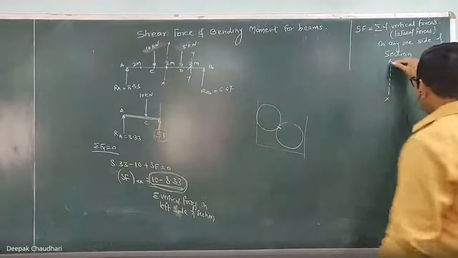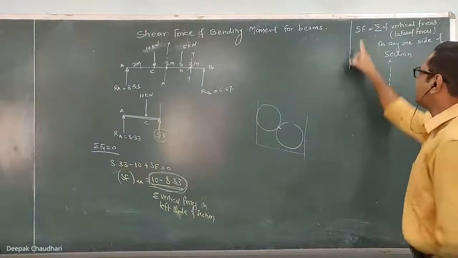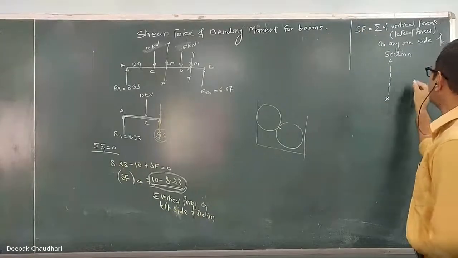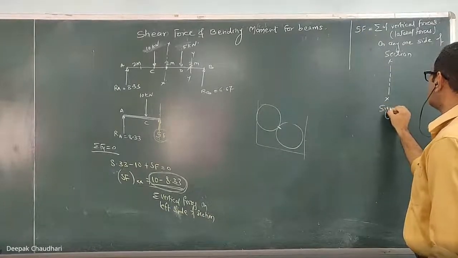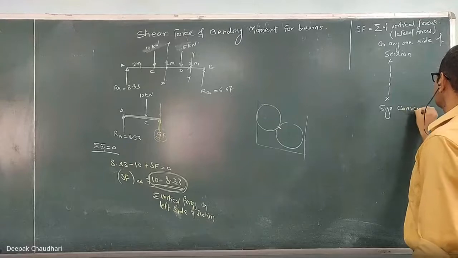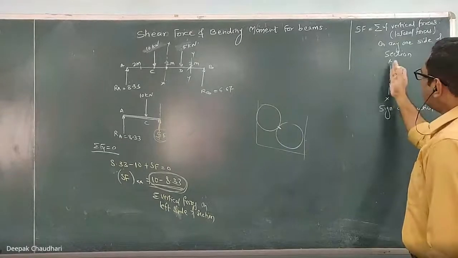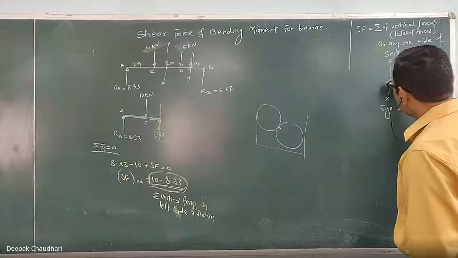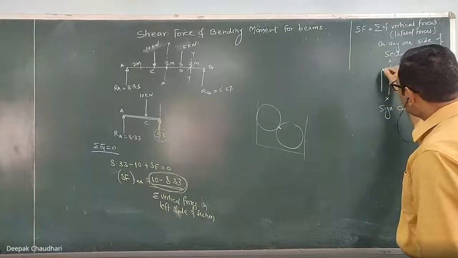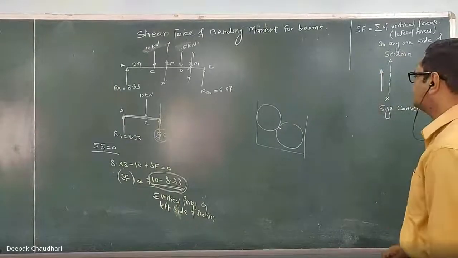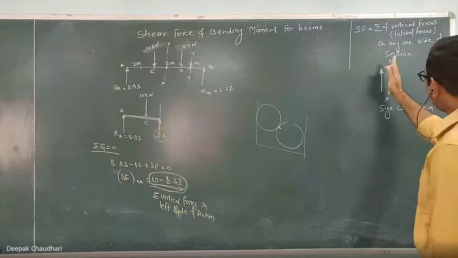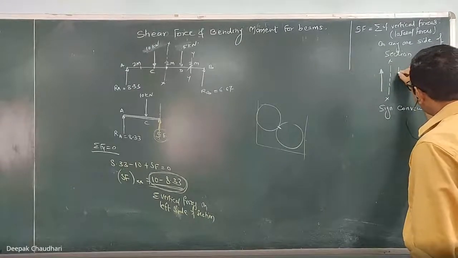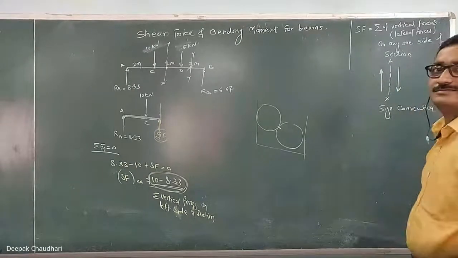Okay. So if this is the section, for taking the algebraic summation of the forces, this is the sign convention for the shear force. On the left hand side of the section, the vertically upward force you have to take positive. And on the right side of the section, you have to take downward force positive.